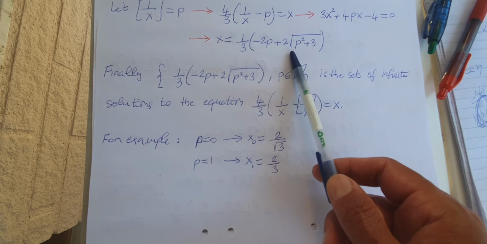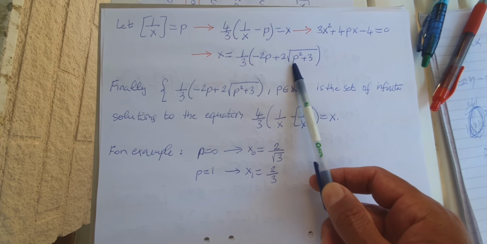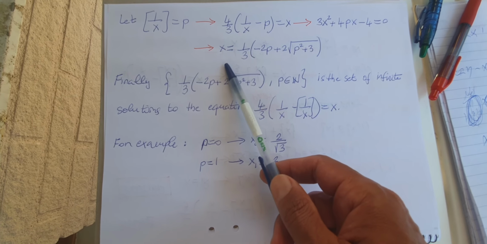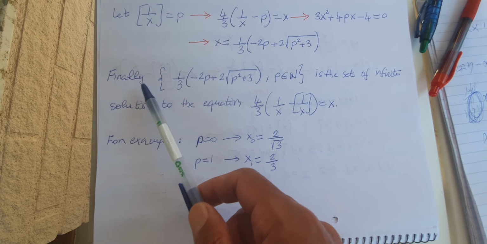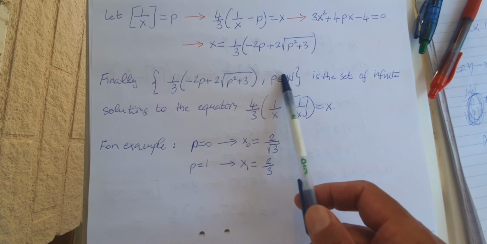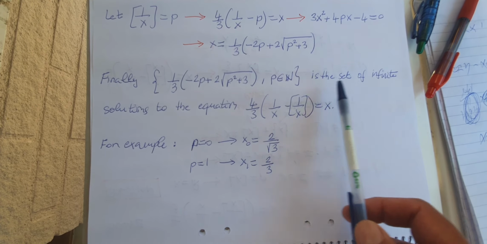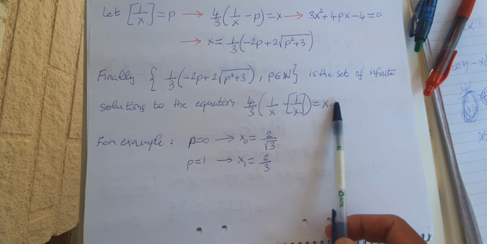And since p is an arbitrary natural number, we have an infinite number of solutions. These are the solutions. So finally, this set, where p belongs to N, is the set of infinite solutions to the equation from the beginning.